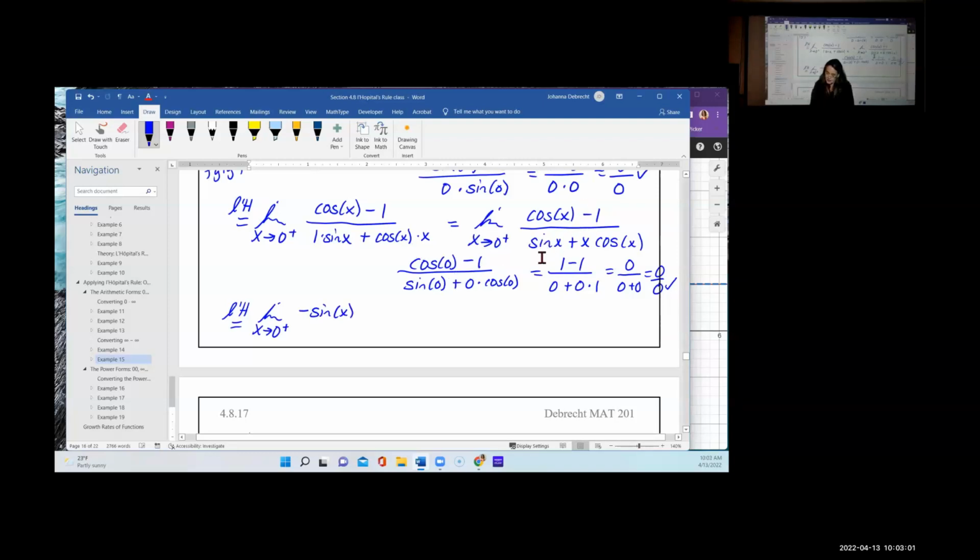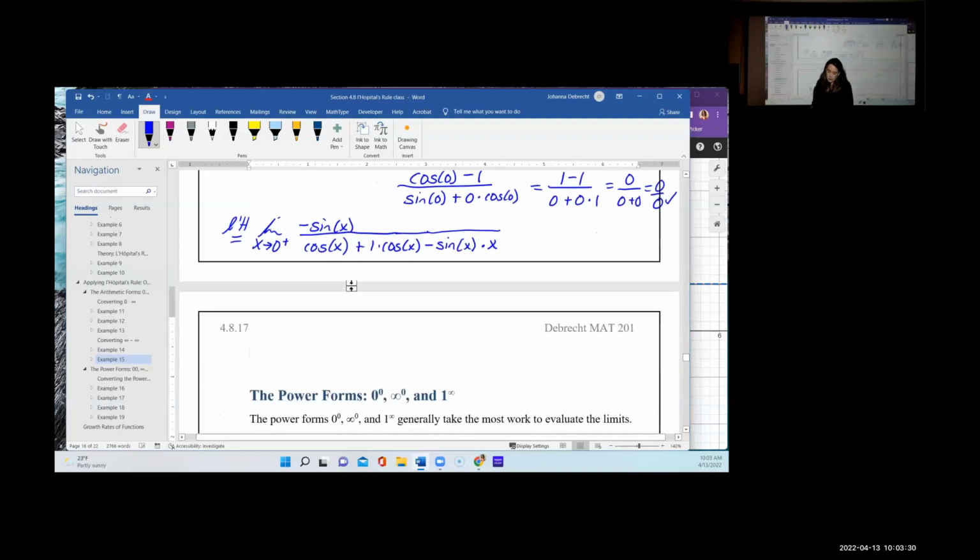The derivative of sine x is cosine x. And then I have to use the product rule on x times cosine x again, because I've got multiplication right there with the dot. So the derivative of x is 1 times cosine of x. And then the derivative of cosine of x is negative sine of x times x.